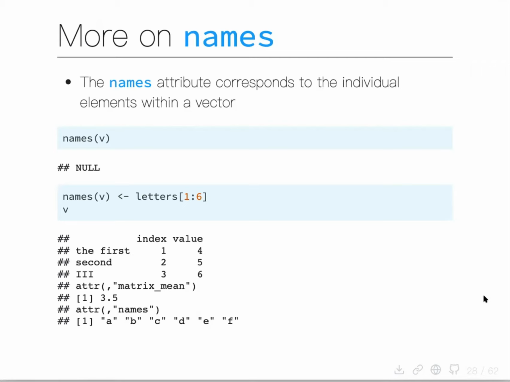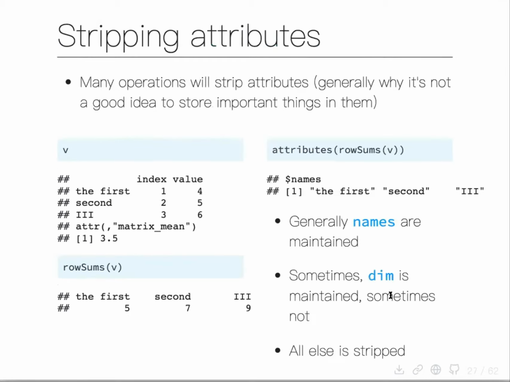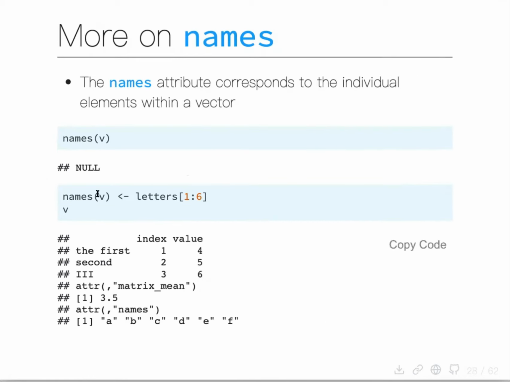Okay, more on names. If we go back to V, which has index and value, the first, second, and third. But if I call names on V, it says null. That's because I'm working with a matrix, and so it doesn't have names at this point.